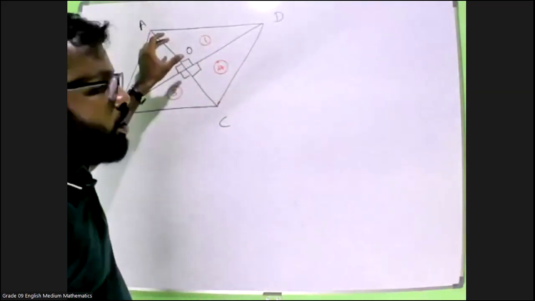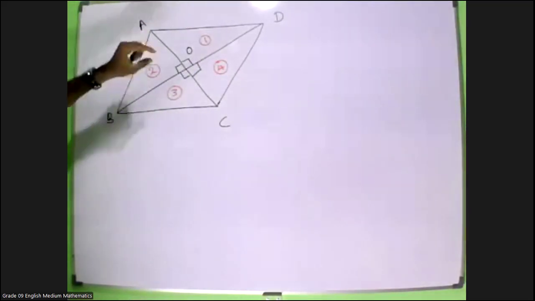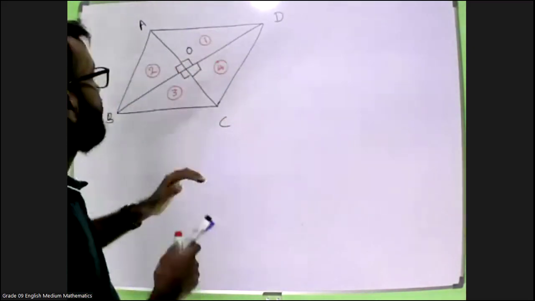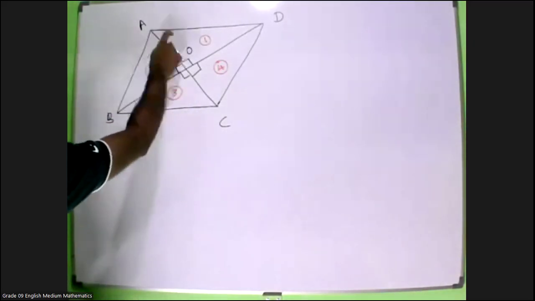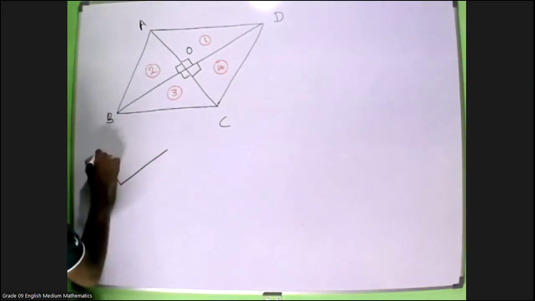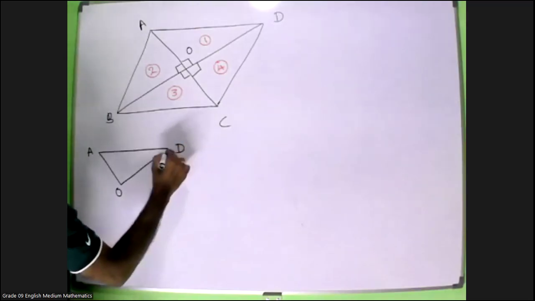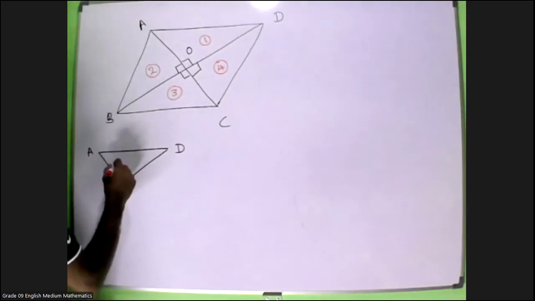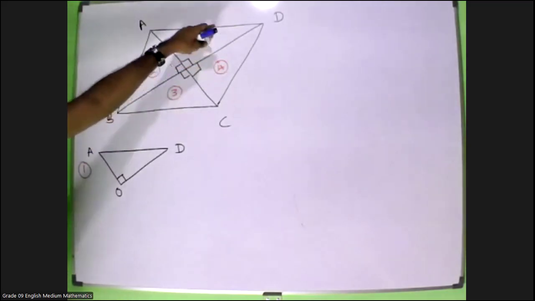So you are going to apply the Pythagorean relation to the first one, the second one, the third one, and the fourth one separately. I will explain this further. This is my AOD right angle triangle, the first one, this upper one.